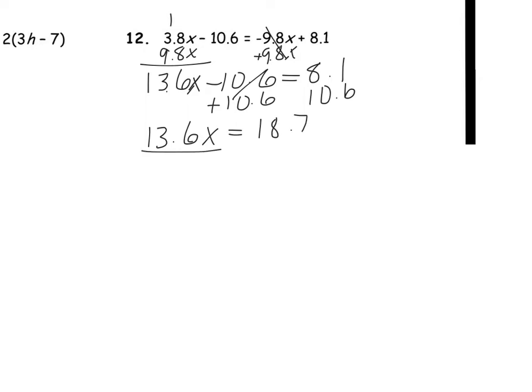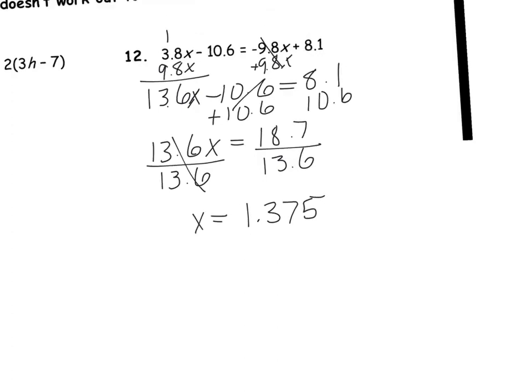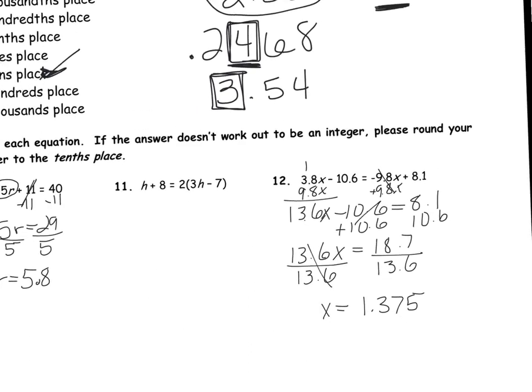Then the last thing I'm going to do to get x completely by itself is to divide by 13.6. Over here that cancels, leaving me with x equals 1.375.